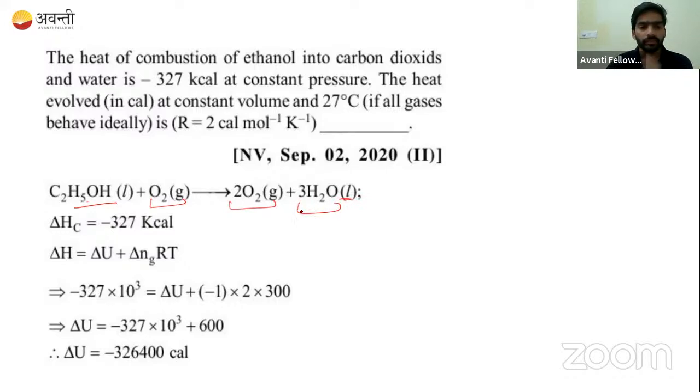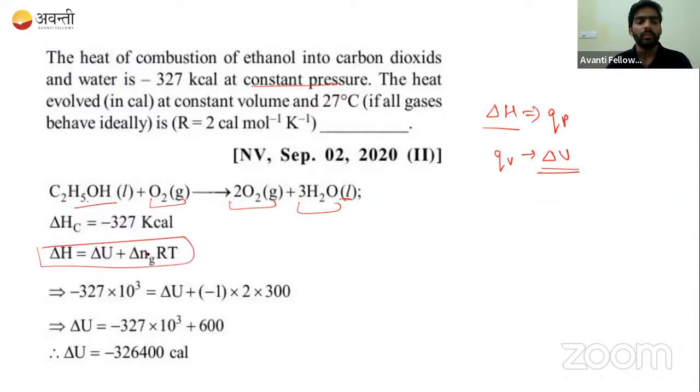We know that heat at constant pressure is nothing but delta H, and heat at constant volume is nothing but delta U. So we have to find delta U, and we know the formula: delta H is equal to delta U plus delta Ng RT. Delta Ng is the change in moles of gas.